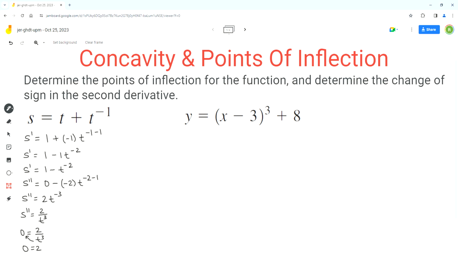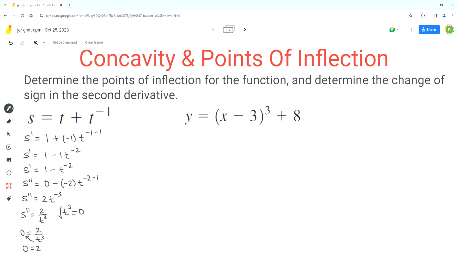So now we can analyze the other case where we find t values that make the second derivative undefined. So for that we have to find the t values that make the denominator of s double prime equal to 0. So we set the denominator of s double prime equal to 0 and then solve for t.